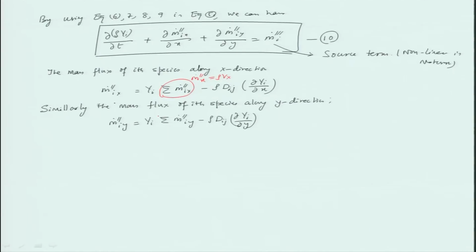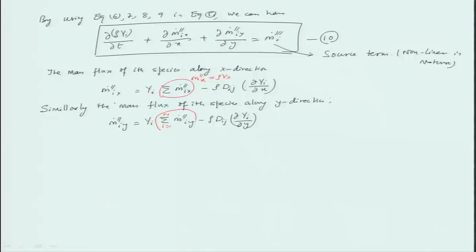Similarly, if I sum over i equal to 1 to n, all the species, whether it is binary, 2, or whatever the number, 10 species, you are considering 10. So, this also will be equal to m dot i y is equal to rho v y. Yes or no?